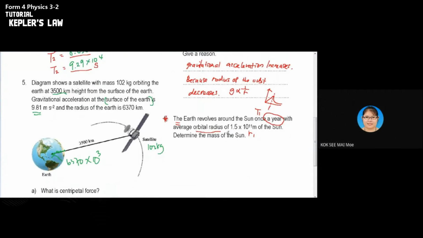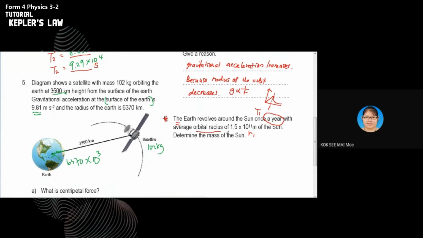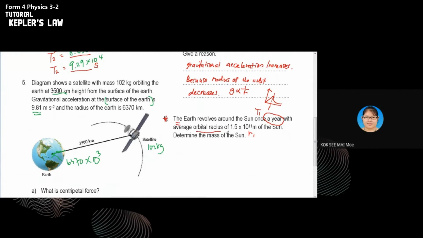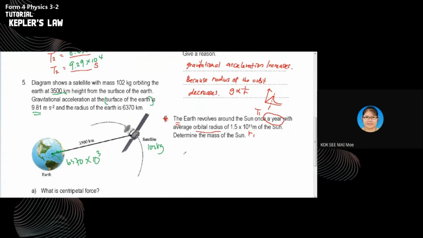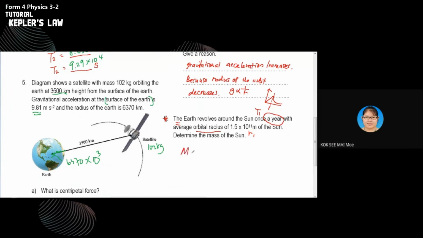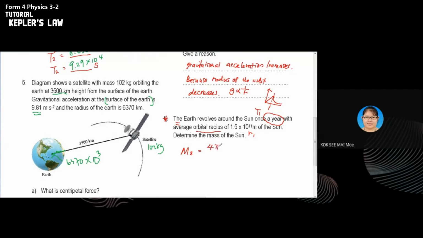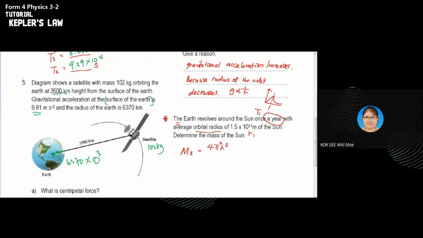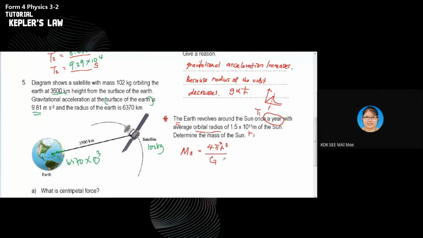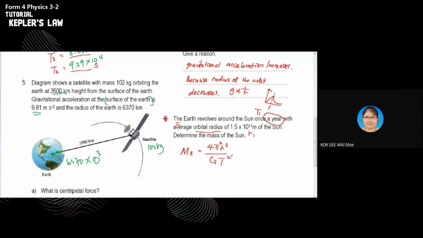Then you can recall back in the front, there is a formula to calculate the mass. We just have one formula: the mass of the sun equals 4 pi squared R cubed over G T squared.